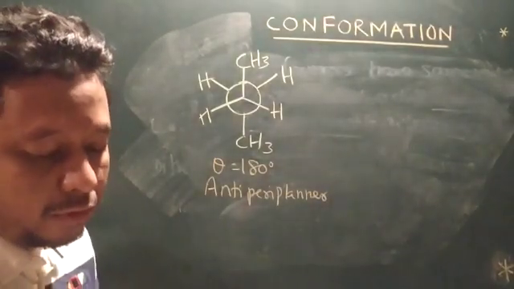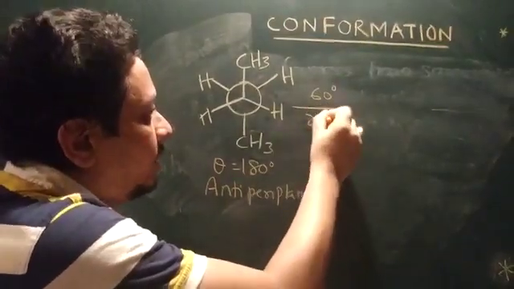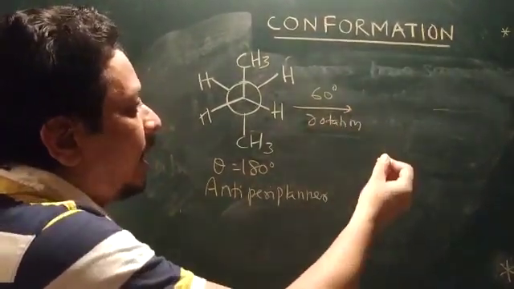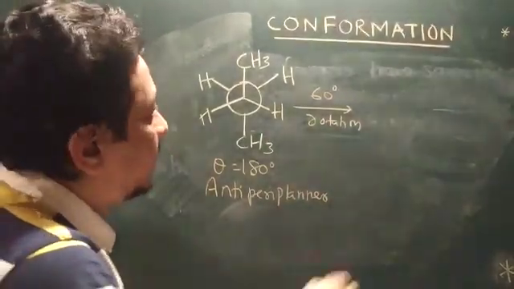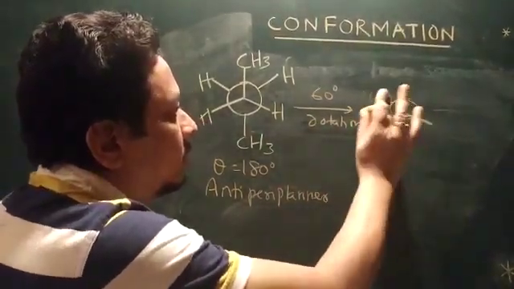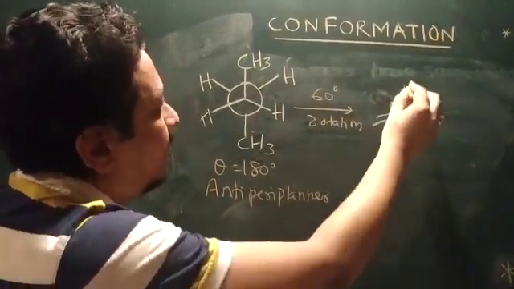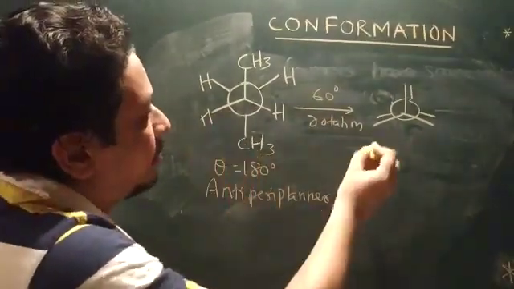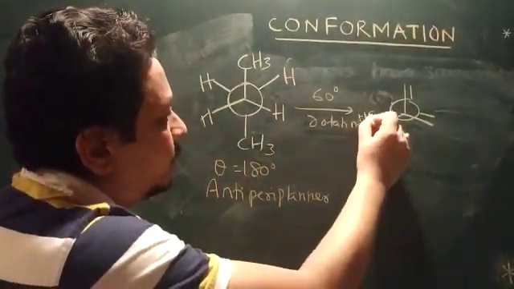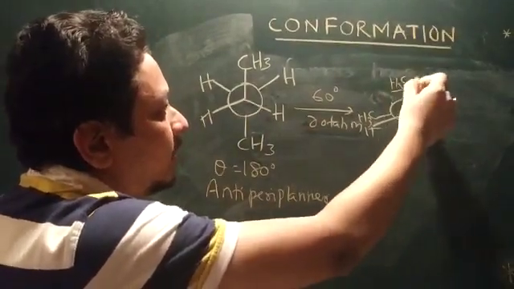Now if I move to 60 degree, if I rotate 60 degree, the compound becomes like this. You have the back side methyl group coming over here, the front side hydrogen, the top methyl group, and the hydrogen.